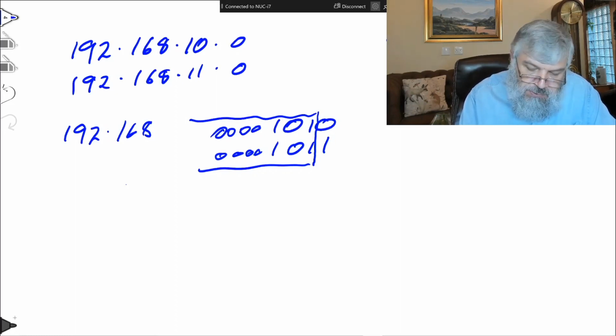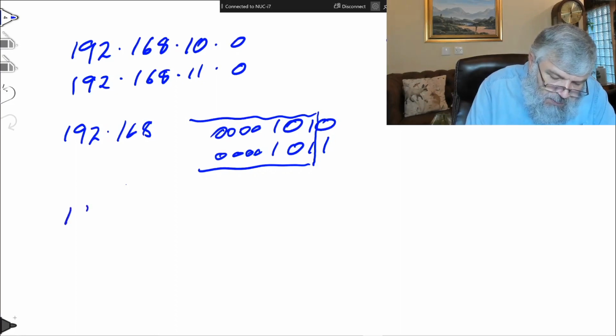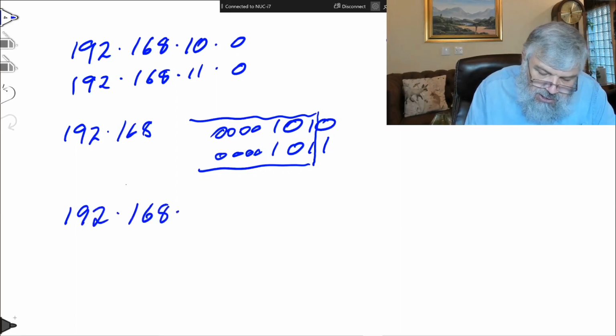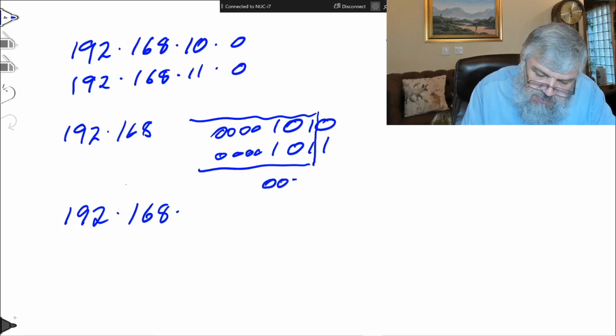So what I can do now is to say that I want to use 192.168 dot, and then I have to convert this number that I'm seeing here, which is 0.000.101.